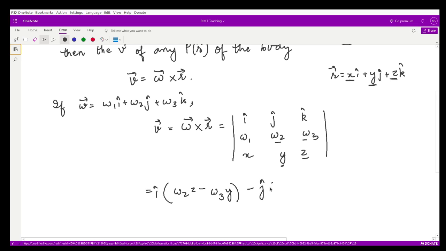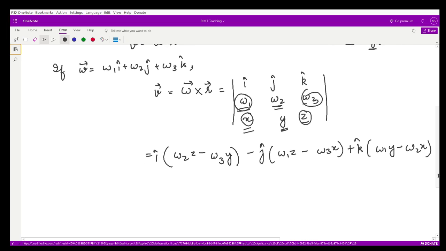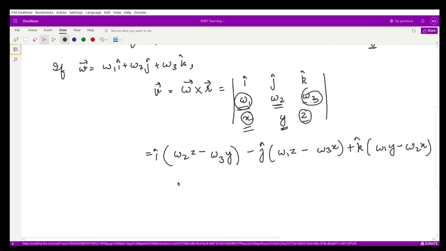Then minus j cap: for j cap we have omega 1 into z minus omega 3 into x. And for k cap we have omega 1 into y minus omega 2 into x. So this is the determinant that we got.